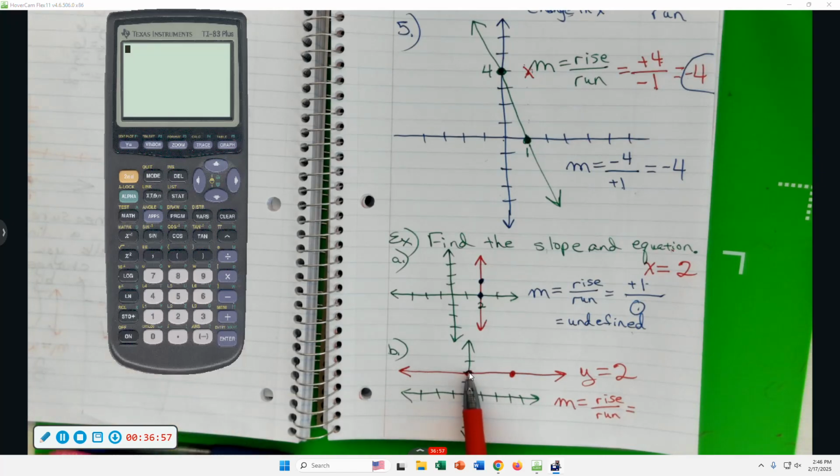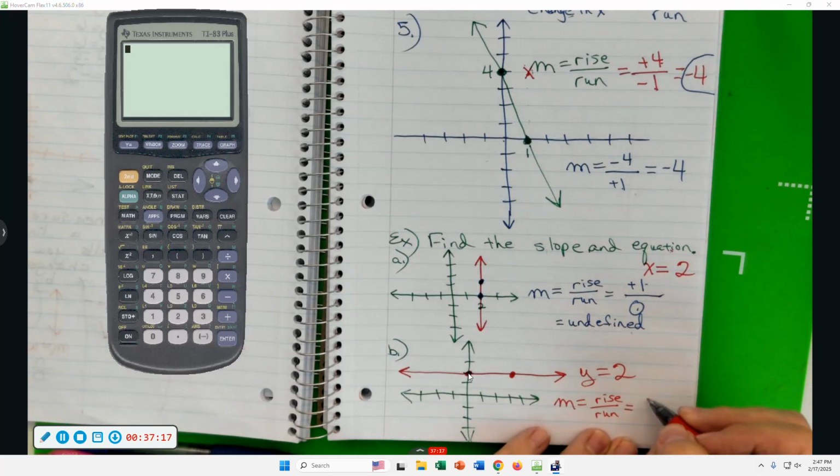I'll start right here. What's my vertical movement to get on the same level as this second point? How many units up or down do I need to move to be on the same level as that point there? 0. I'm not going to move up or down. So the rise is 0.